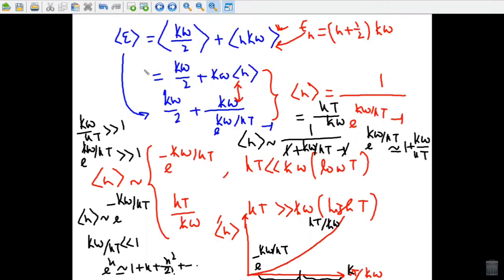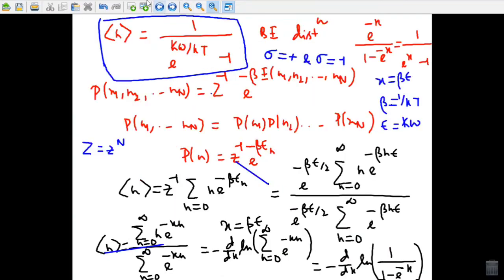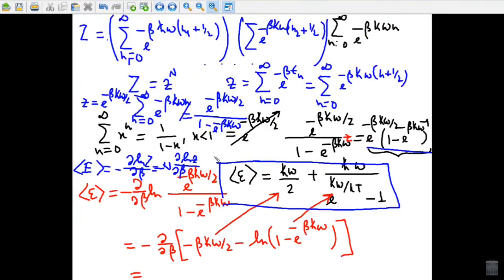Another way of doing this is averaging for a given oscillator from this theory. As I know, epsilon n equals h cut omega divided by 2 plus n h cut omega.